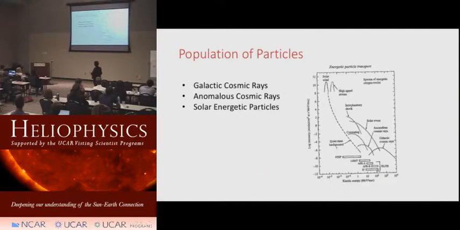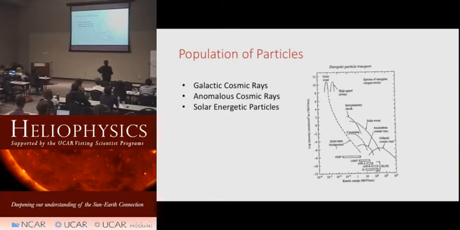Okay, so population of particles. I have a couple more slides of story to show you, and then we'll go to some math. So here is a plot of kinetic energy, MeV per nucleon, versus intensity. What you can see is the solar wind particles are around here, and you can see all these different populations. This is oxygen, okay?